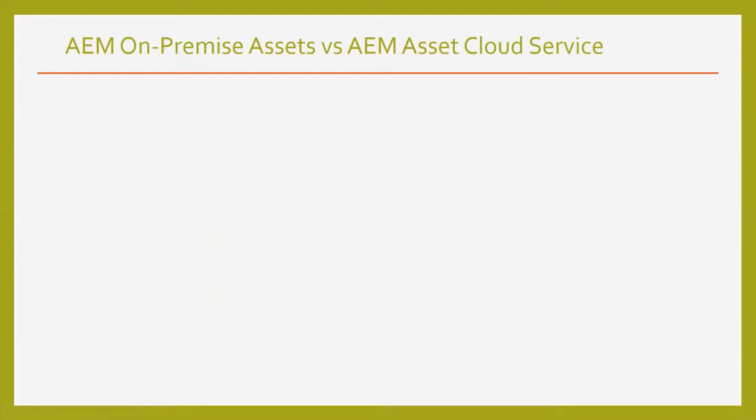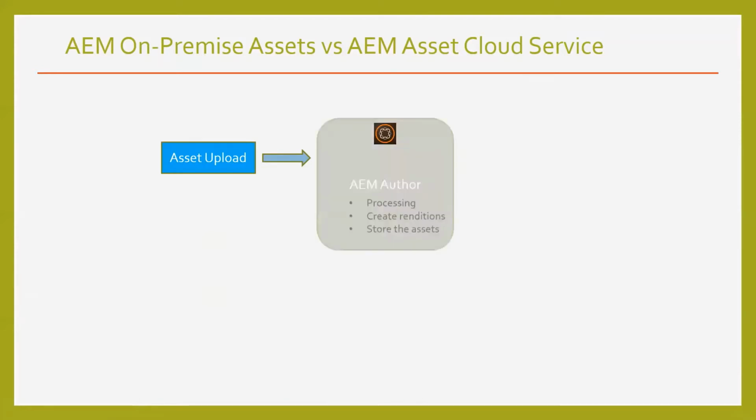Let us see what has changed. For this, we will do a comparison of what was available in AEM Assets till date and what is the new system. In older AEM, whenever there is an asset upload, majority of the action happens on AEM author.